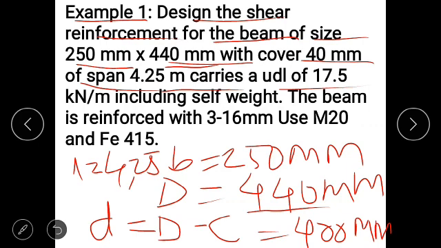Then the beam is reinforced with, to calculate AST, here bars are given: 3 bars of diameter 16 mm. So 3 into pi by 4 into d square, we get AST. Then use the grade of concrete M20 and the grade of steel Fe415.